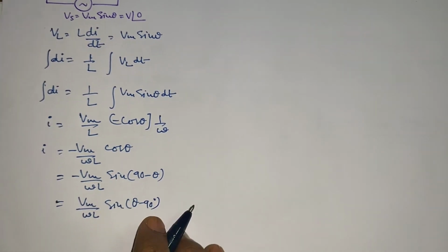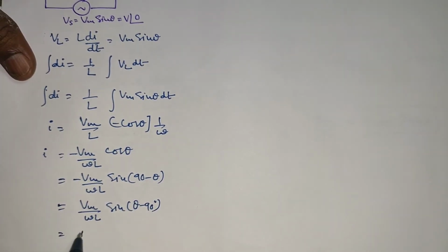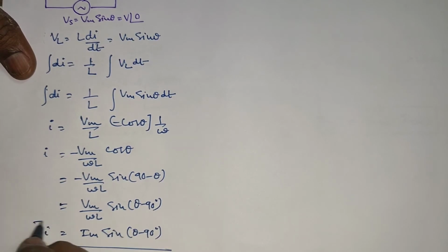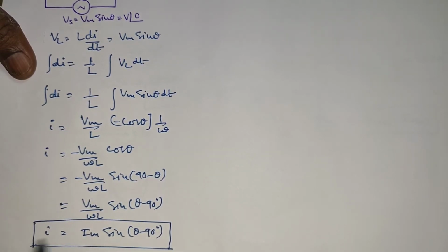Let me consider this as equal to Im sine of theta minus 90 degrees, and this is the equation for the instantaneous value of current.